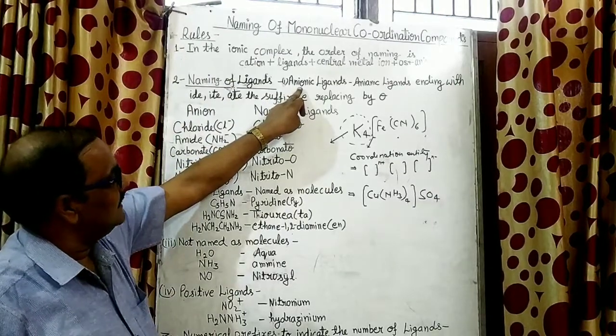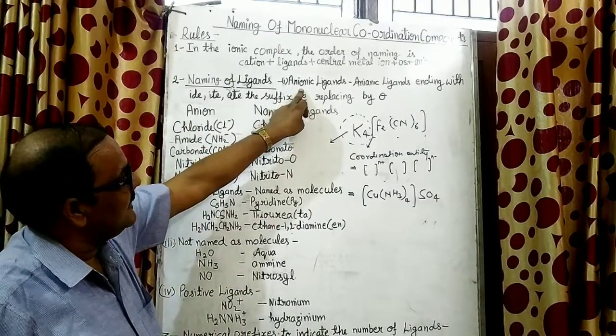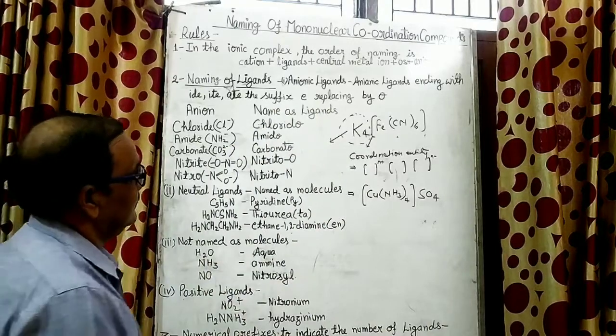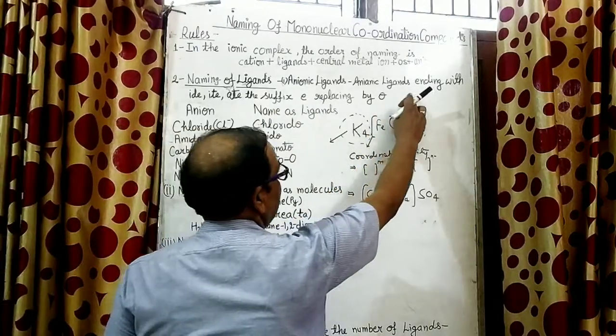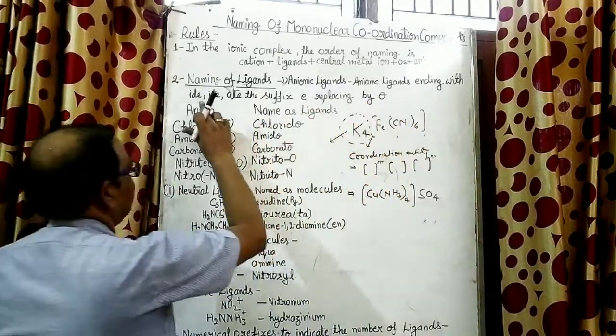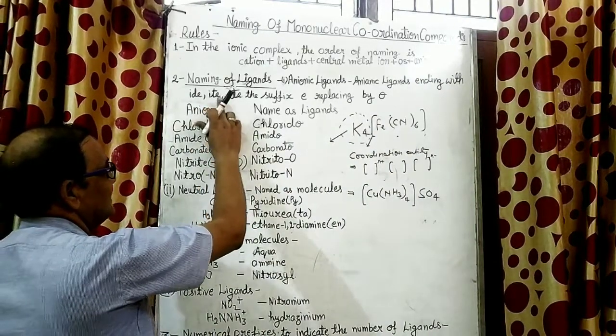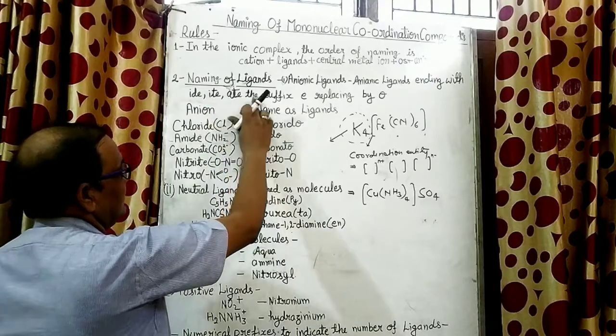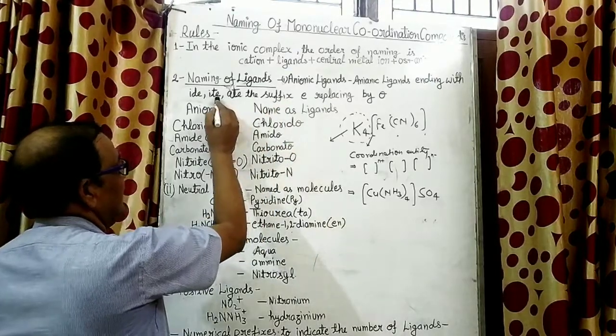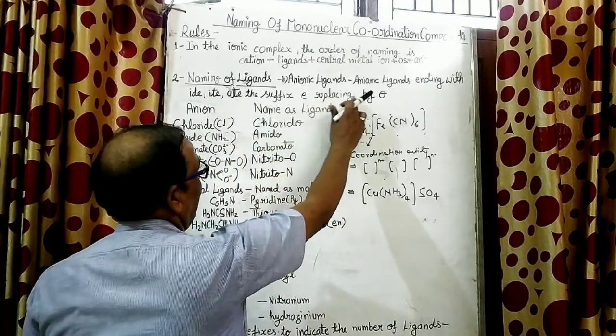For the anionic ligands ending with ide, ite, and ate, the suffix e is replaced by o.